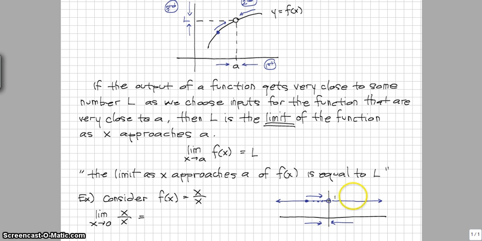And it's going to be moving in the same way from both sides, and we're going to get close to this place where the output is 1. Even though f of 0 is undefined, the limit as x approaches 0 of x over x is 1.